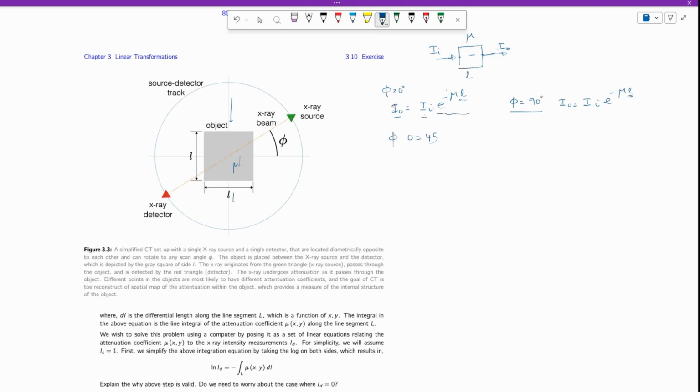Maybe that's easier. What will L be then? Or L, I should call it L phi, because L is really a function of phi. I'm going to write it like this. What is L phi when phi is 45?